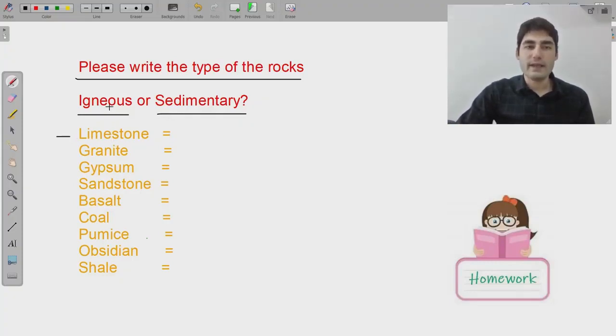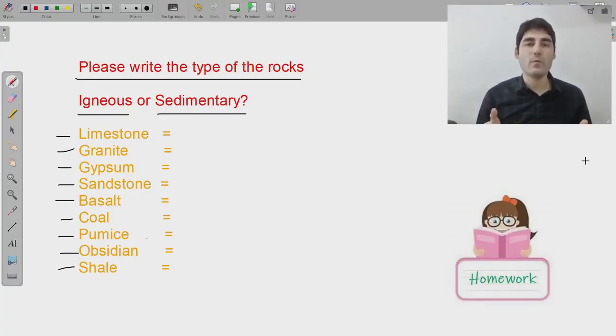Limestone, is it igneous or sedimentary? So you can write the answer for limestone. What kind of rock is limestone? Another one is granite, gypsum, sandstone, basalt, coal, pumice, obsidian, shale. Please write the type of the rock and this will be your homework.